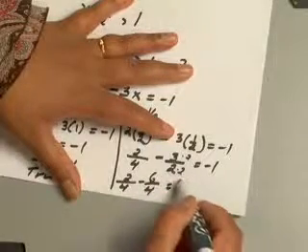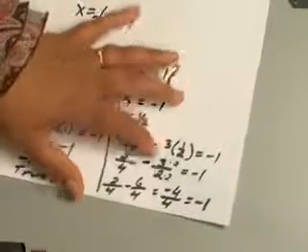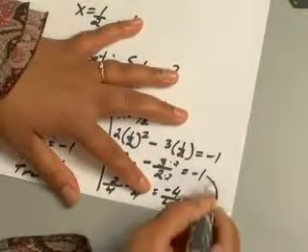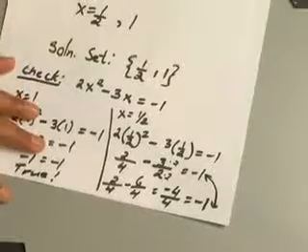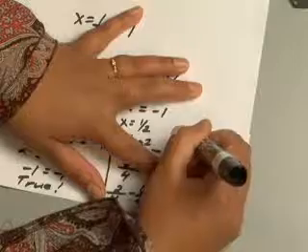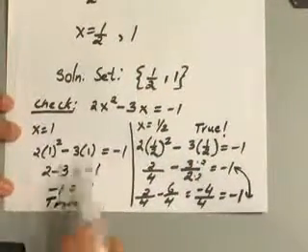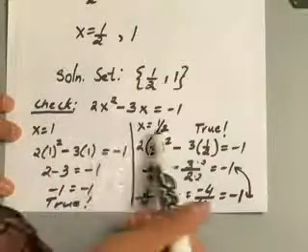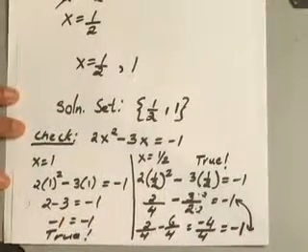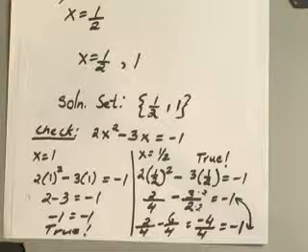And that will give you -4 over 4, which equals -1. So you can see you end up with -1 and -1 on both sides. So again you end up with a true statement here. And you can see that both of these solutions, x equals 1 and x equals 1/2, satisfy our original equation. Okay? So this is what we will be using to help us solve these quadratic equations here.